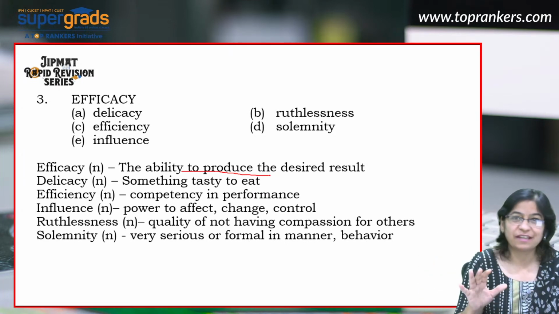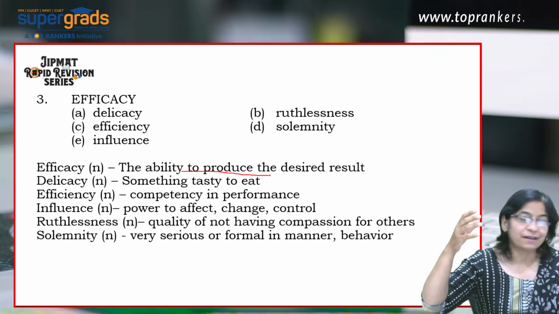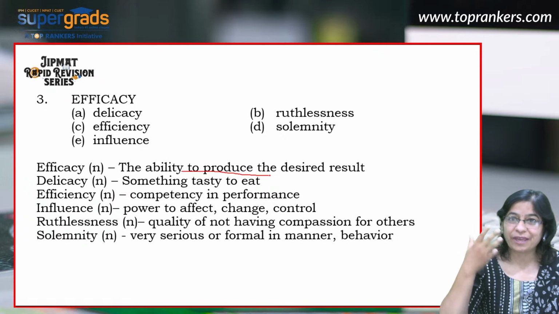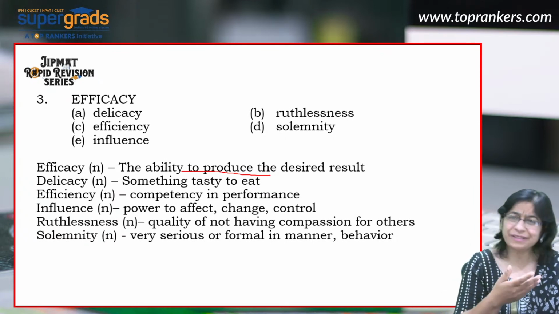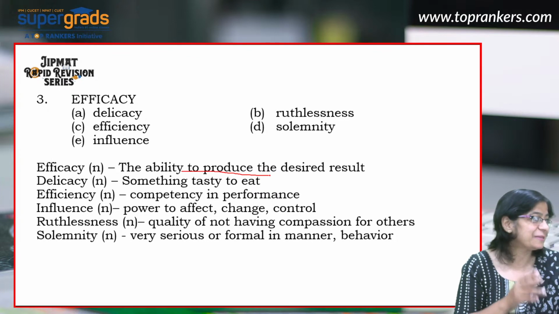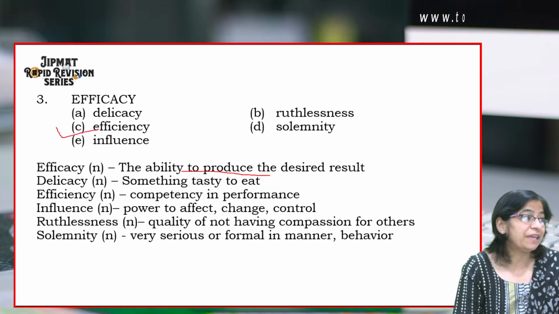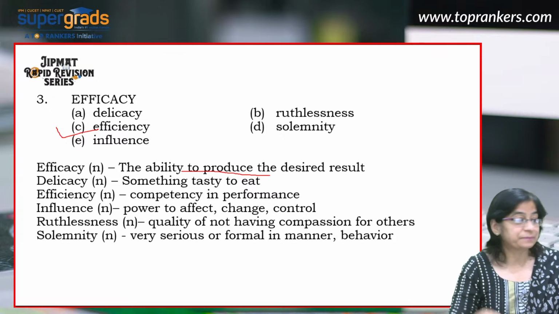Influence is just impacting. These things impact the way you think, the way you act, or the way you work. Ruthlessness, I've already told you, is merciless. So let's see. Yes, that's right. I've got the answer from some of you, and that's absolutely right. It would be efficiency; efficacy simply means efficiency.